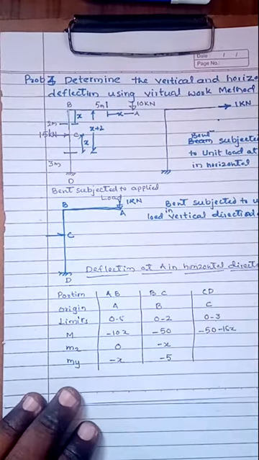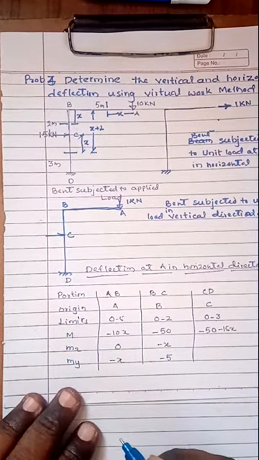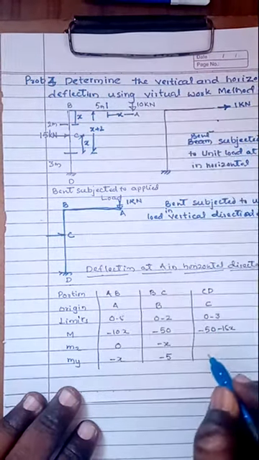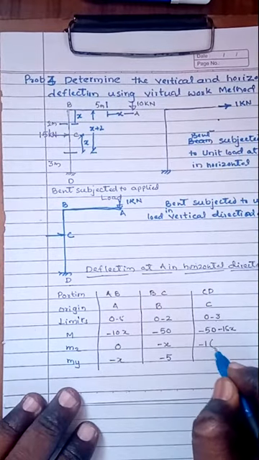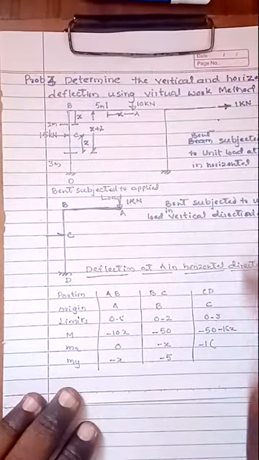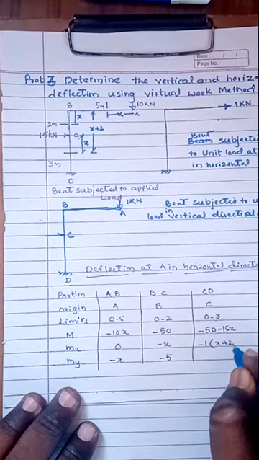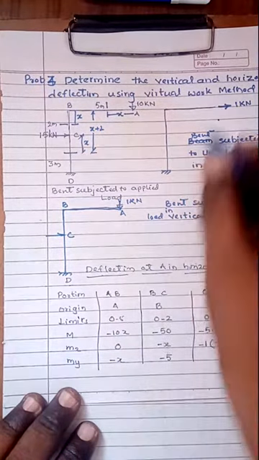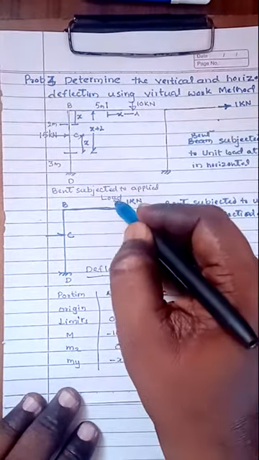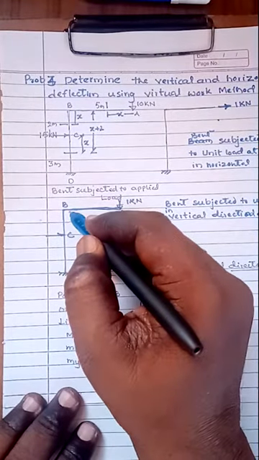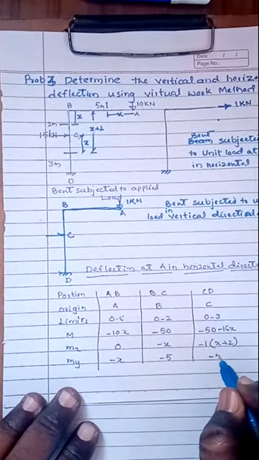Due to the unit load in the horizontal direction, it is minus 1 into the distance, x plus 2. In the vertical direction, it is minus 1 into 5, that is minus 5.